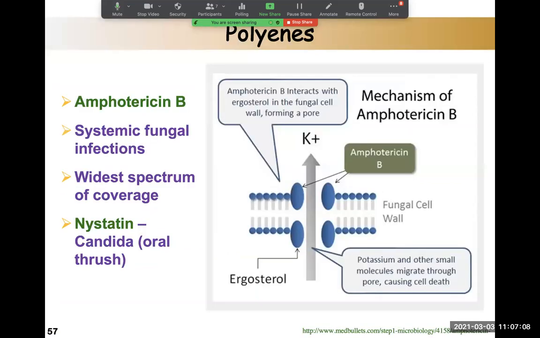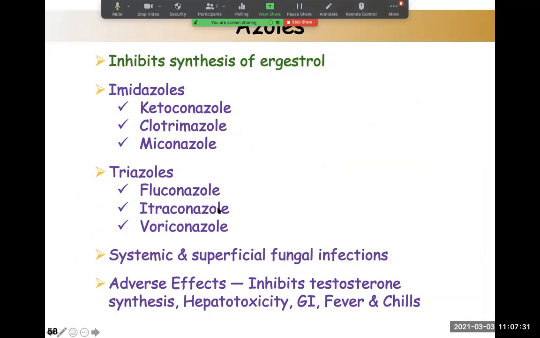And the polyenes, such as amphotericin, basically attack ergosterol so that potassium comes out of the cytoplasm, causing cell death. Nystatin is used for oral thrush, but amphotericin for systemic infection. And as I told you, azoles, these are the two kinds of azoles.